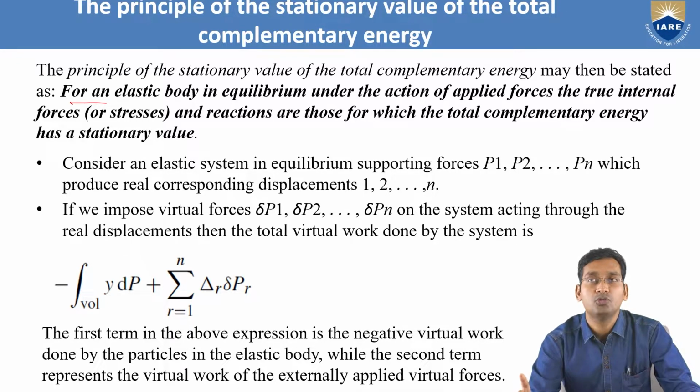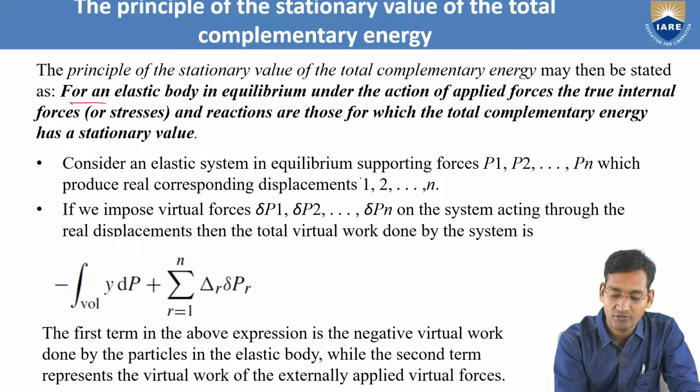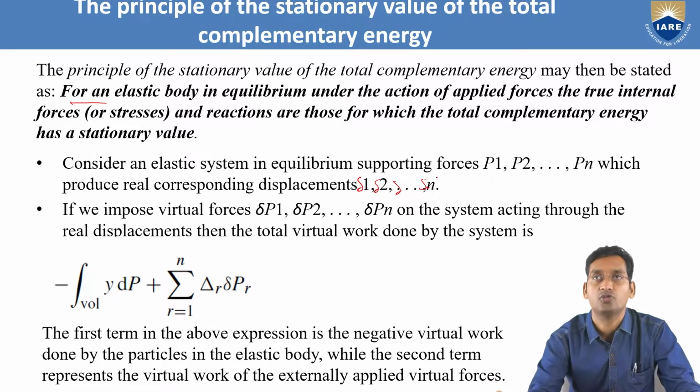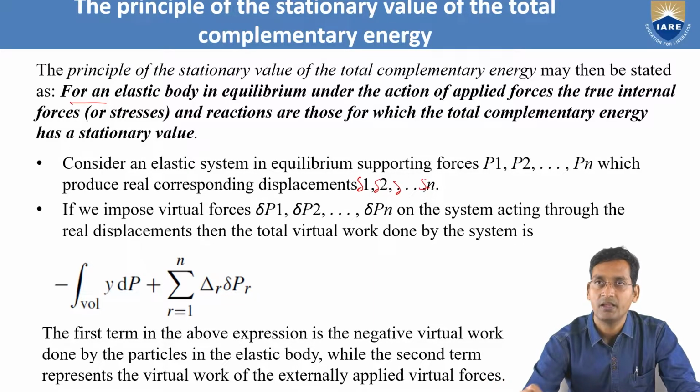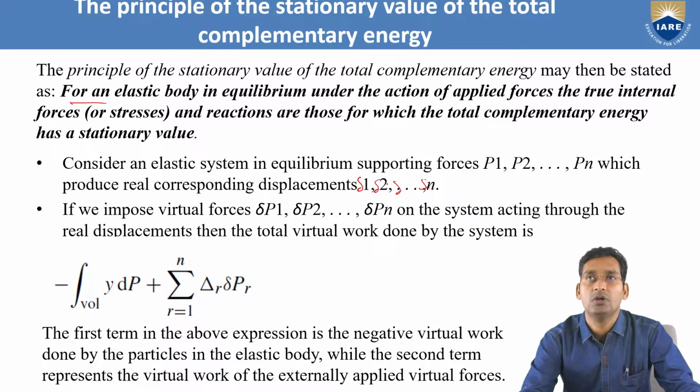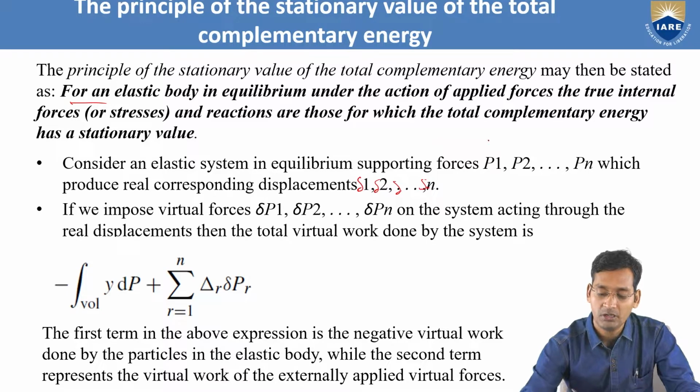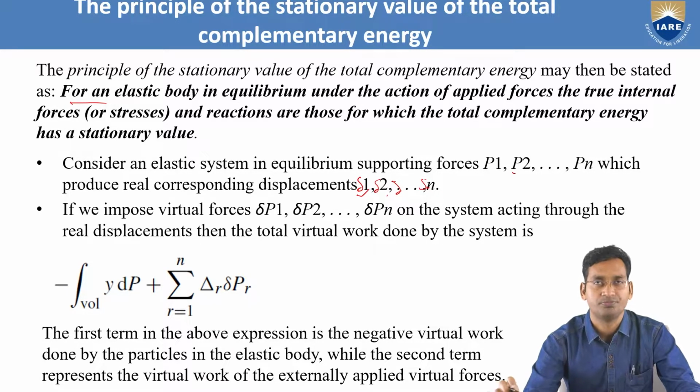Because of those forces P1, P2, the real corresponding displacements are delta 1, delta 2, delta 3, up to delta n, and so on. That is the change in length, the small deflection, the displacement. So for P1, delta 1 is the displacement, for P2, delta 2 is the displacement.